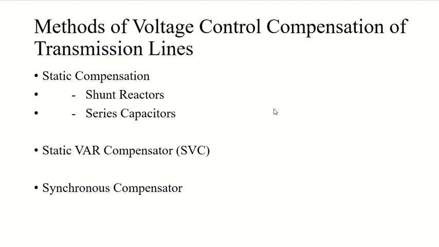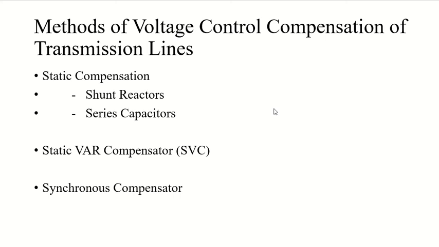So for the case of light loads, what will happen? The lagging VAR which is produced by the lines is very large compared to the requirement of the loads, right? Because of that, this becomes surplus VAR, and this surplus VAR must be absorbed by additional equipment in order to maintain your voltage profile within the limits.